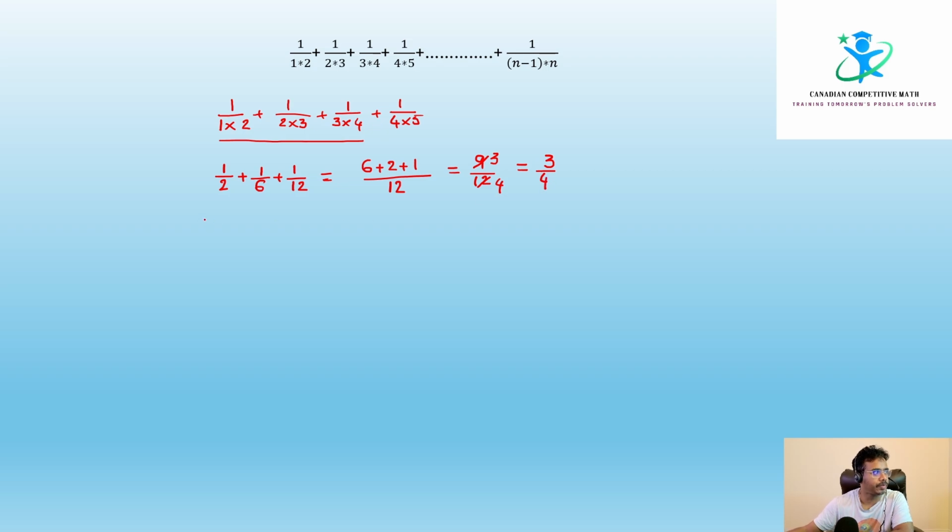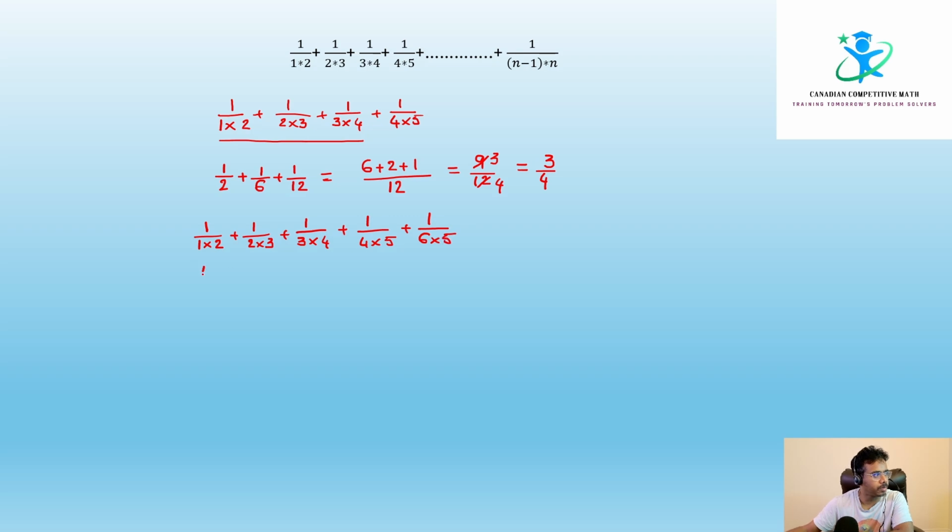And let us take 5 terms. That will be 1 by 1 times 2 plus 1 by 2 times 3 plus 1 by 3 times 4 plus 1 by 4 times 5 plus 1 by 5 times 6.